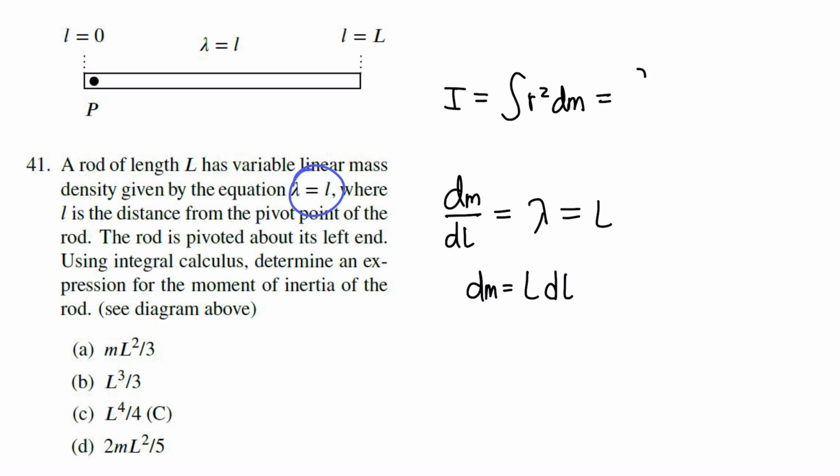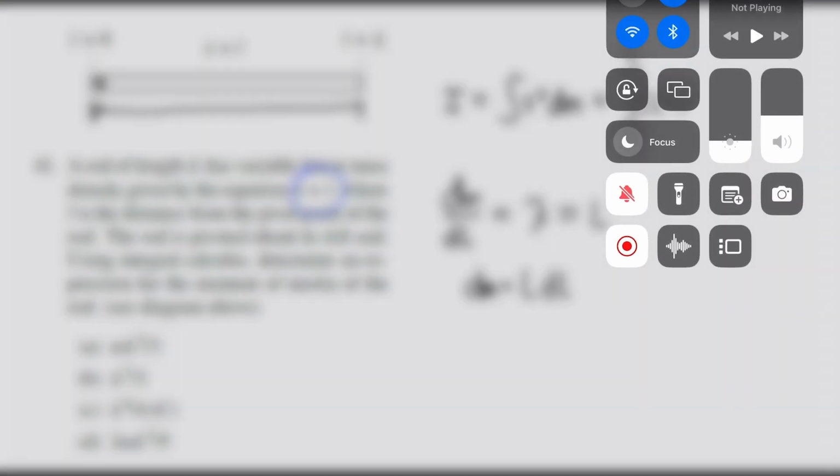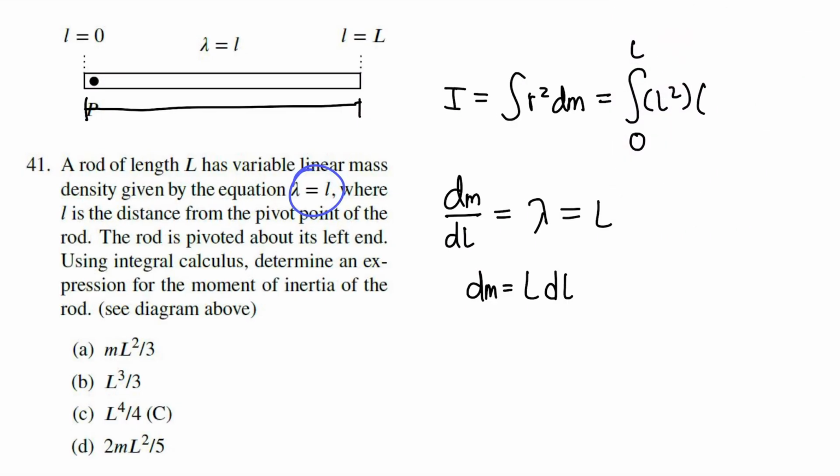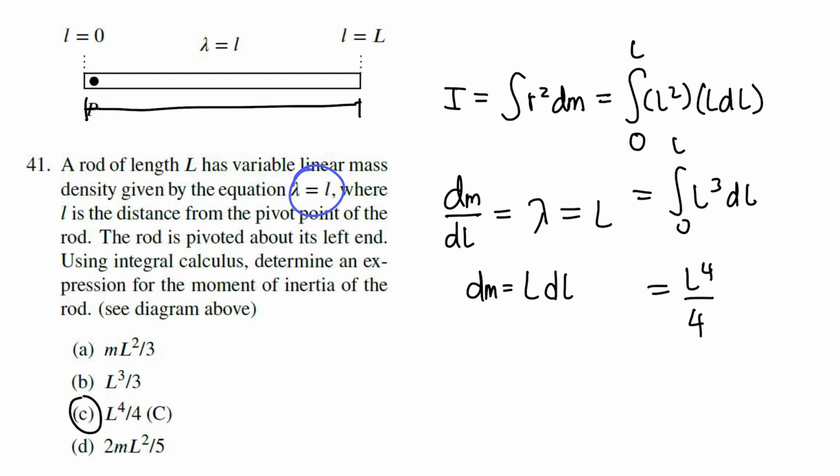When we substitute, we go from 0 to L, because we're starting here and going here, of L squared times dm, so L dl, which is the integral from 0 to L of L cubed dl. Hopefully you remember your calculus, that's L to the 4th over 4, which is choice C.